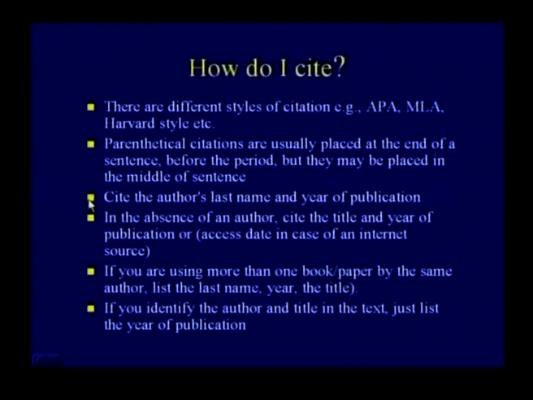Usually, we cite author's last name and year of publication in in-text documentation. In the absence of an author, cite the title and the year of publication. If you're using more than one book or paper by the same author, list the last name, year, title in a sequence. If you identify the author and the title in the text, just list the year of publication. So basically, this was one of those styles that you may use for your in-text documentation and the references section.